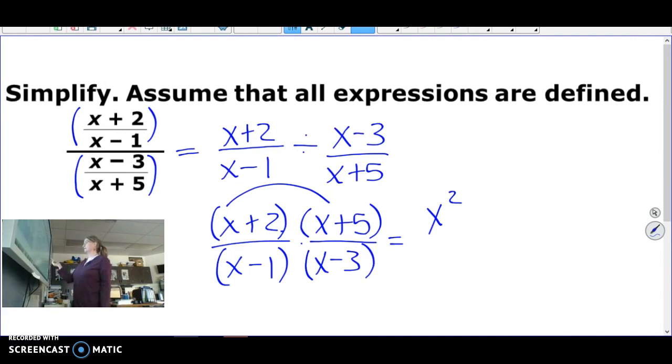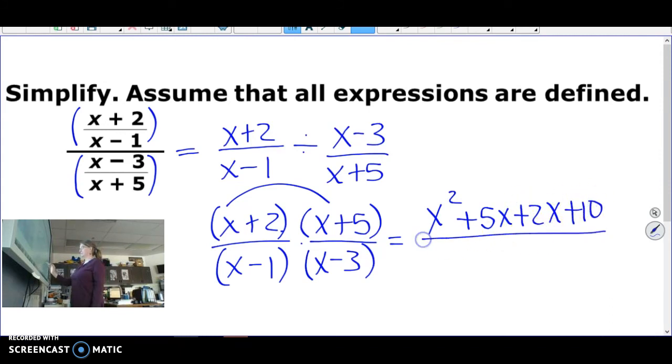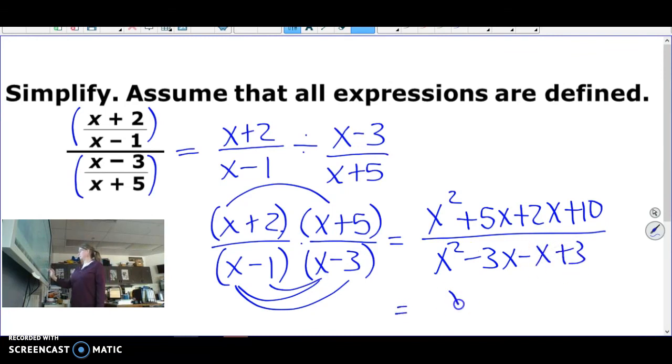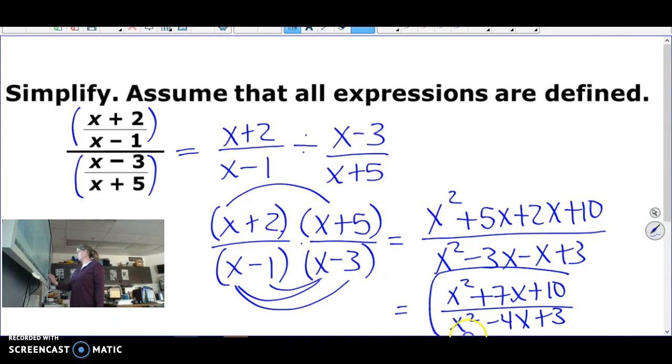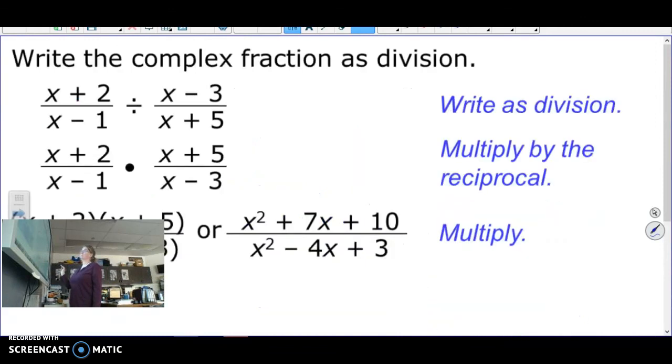So x squared plus 5x plus 2x plus 10 divided by, in the denominator, x squared minus 3x minus x plus 3. And then I'm going to combine the like terms, so x squared plus 7x plus 10 over x squared minus 4x plus 3. And done. Okay.